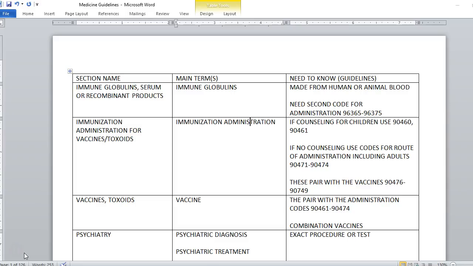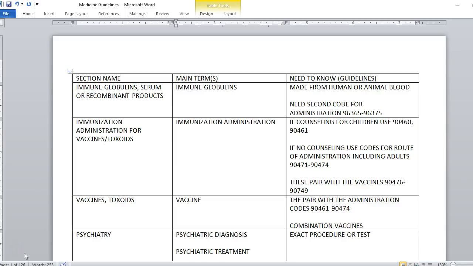So they have to tell us it's an immunoglobulin versus a vaccine. The difference between these also is that immunoglobulins are made from human or animal blood, versus vaccines are viruses that we use things like chicken eggs to grow them in.